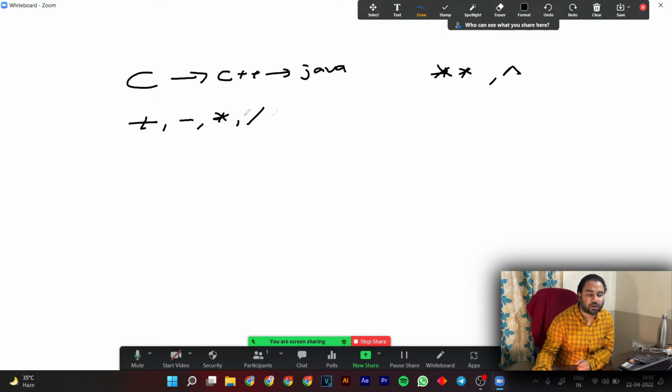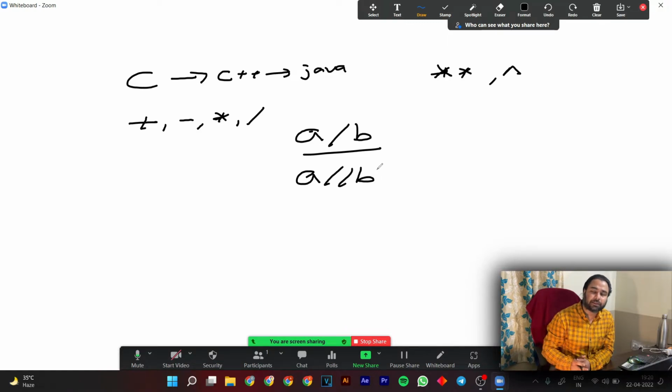You can see on my screen that if I write a single divide sign, a by b, it is basically a fractional division operator. On the other hand, if I use a double slash, it is an integer division operator. And if I use a percentage, it is a remainder division operator.